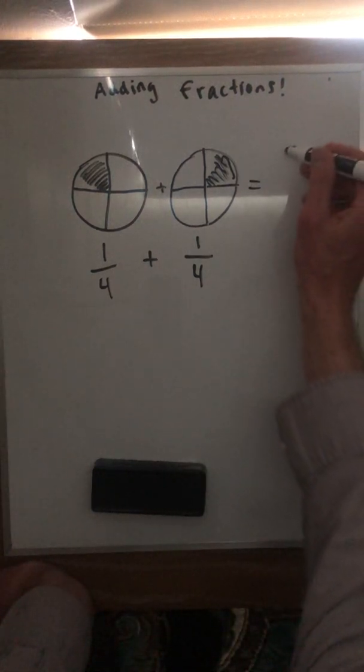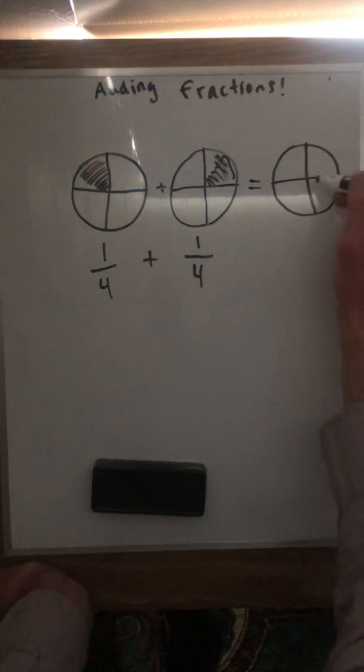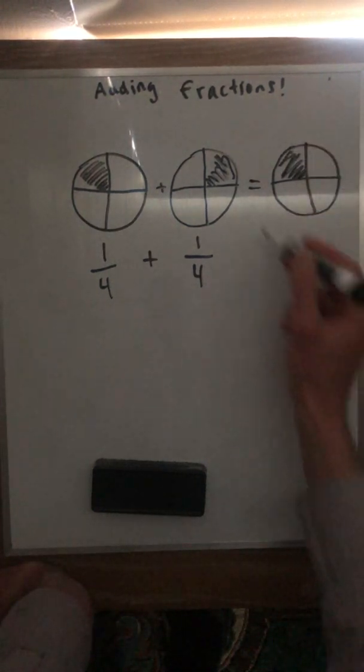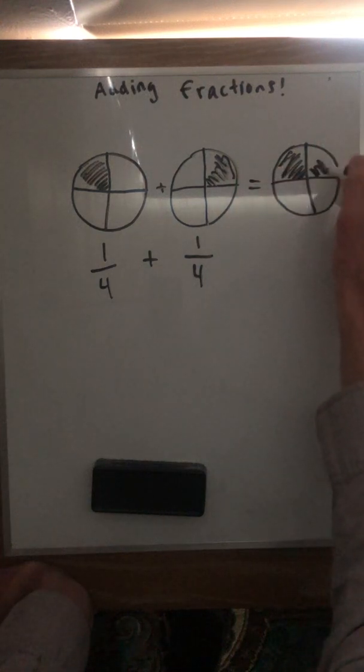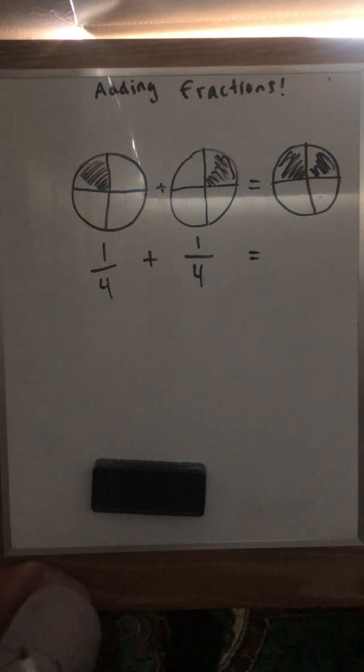Well, if you look at it as one whole like that, I used to just have this piece, but now somebody just gave me a piece that size too. So I've got 2/4.